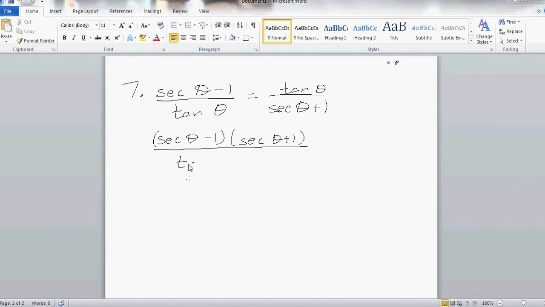But then we need to remember to take the tangent of theta times the secant of theta plus 1 as well. Now what happens to the numerator is we get secant squared theta minus 1 over tangent theta secant theta plus tangent theta.